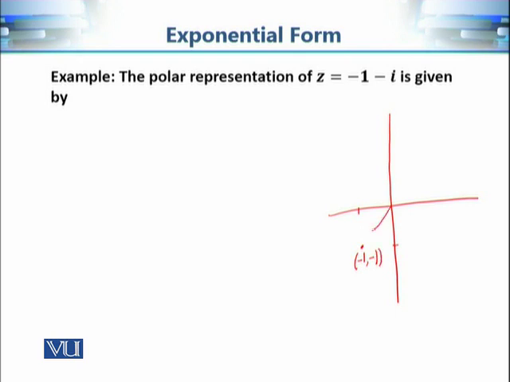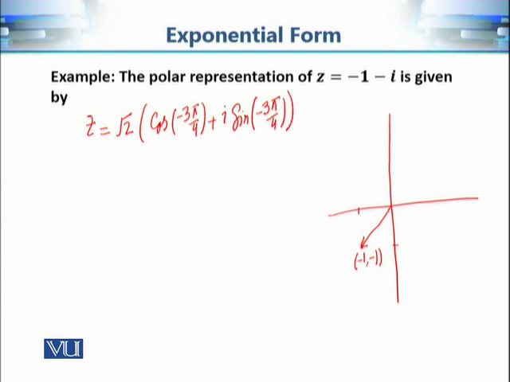Now we have seen in our previous discussion that the polar representation of this complex number is given by, so the r coordinate is square root 2, and theta is basically -3 pi by 4 plus iota sine -3 pi by 4. Now we are calculating this angle in a clockwise direction, so that's why we are taking it to be negative.